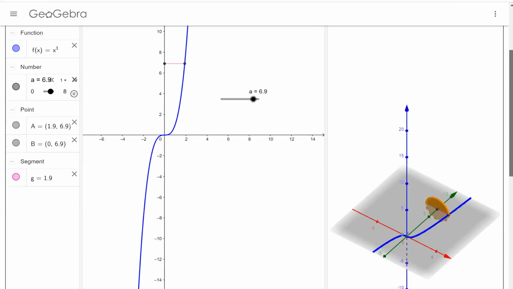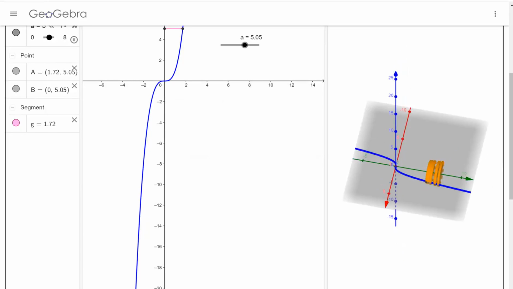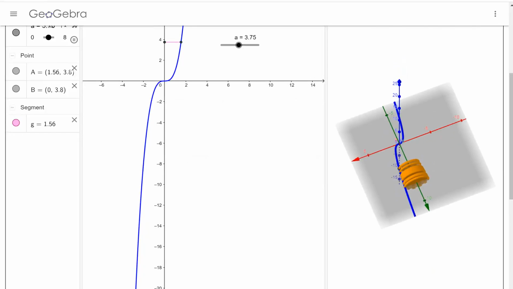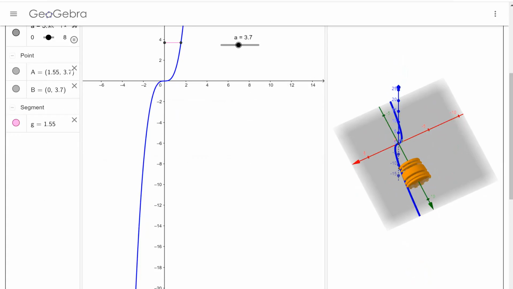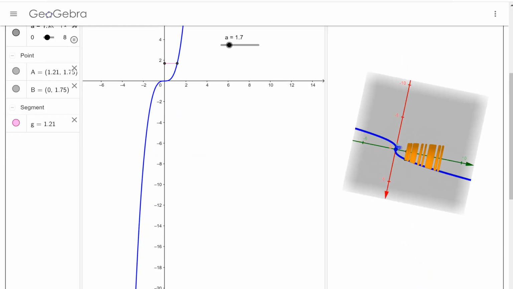Let's go down a little bit. You can see this solid it generates. We can move it around and see. So far, so good, everybody?